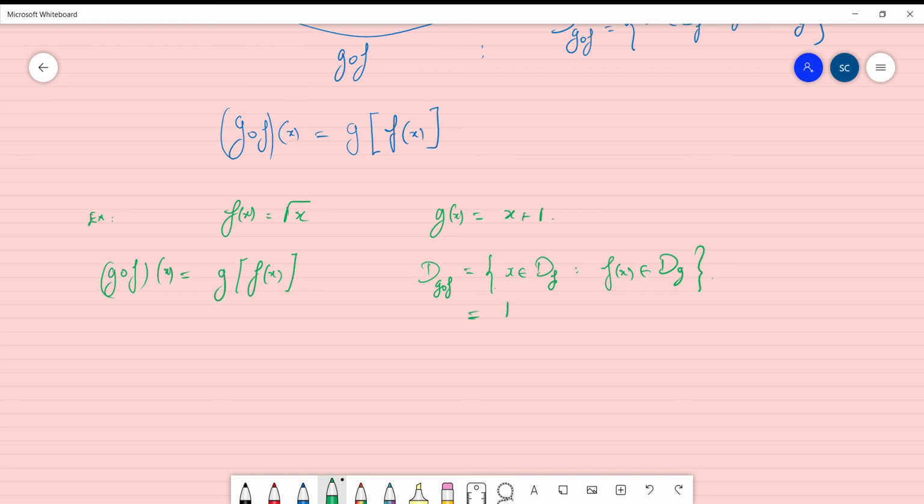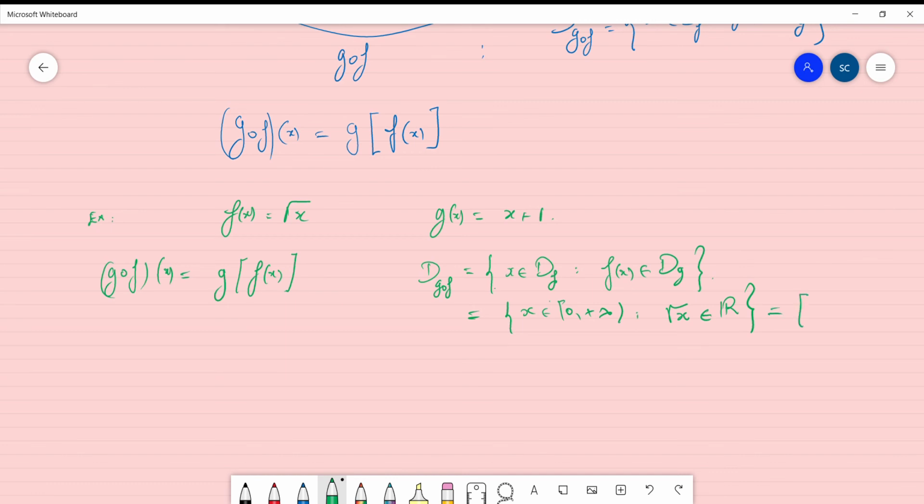So for x in the domain of f, you have a square root, so it's inside 0 plus infinity, and f(x), which is square root of x, we want it in the domain of g, but the domain of g is everywhere, it's R. Now let's check this set. I am looking for all the x's that are positive, so that the square root is defined.